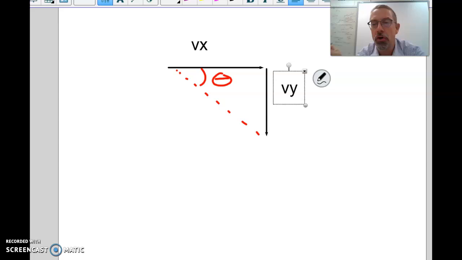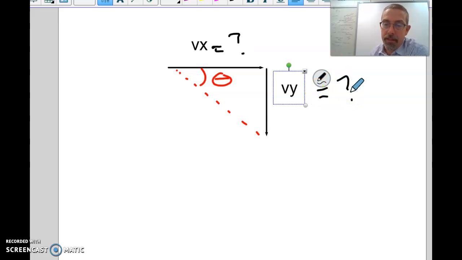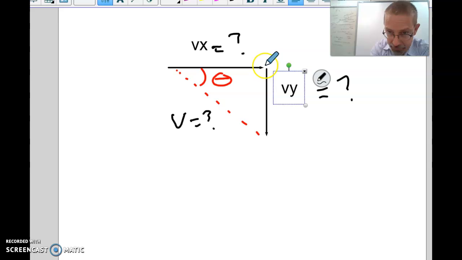Now, if I wanted to know my velocity at any given point, the combined resultant velocity, all I would do is take what is my velocity in x at any given point. That's going to be constant throughout its entire path in the air, whereas my velocity in y is going to be based upon how much it's been accelerating. But if I wanted to find this total v, my resultant v, I have to do the Pythagorean theorem. What is my velocity in the x direction?